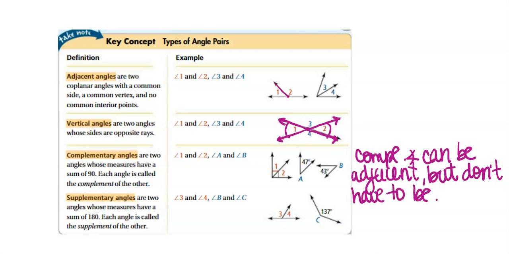The only stipulation is that they have to add up to 90. So if you look at these 2 angles right here, they are not adjacent, but 47 plus 43 does equal 90.